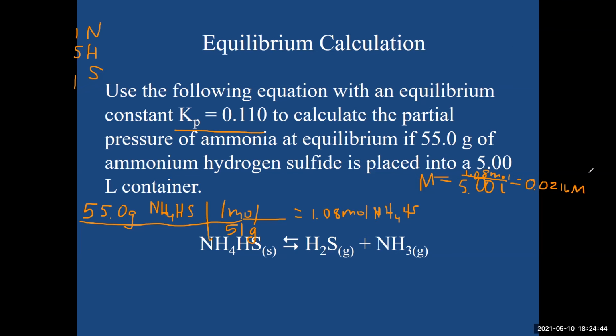Okay, so now that we've got that, we have concentration, but we have Kp, pressure. So what do I need to do to adjust the Kp pressure? And we also want to calculate the partial pressure, right? So is there something that I need to take care of to fix that problem?